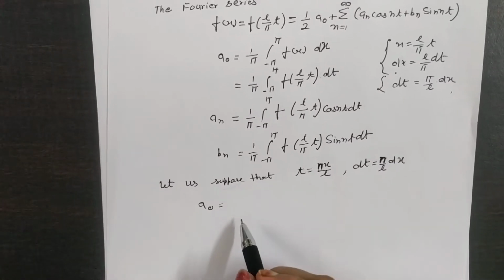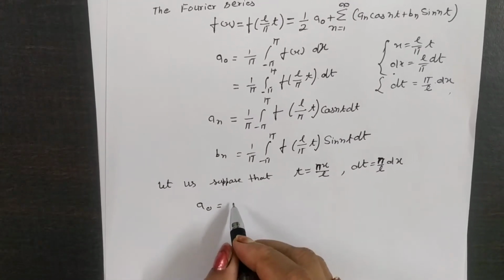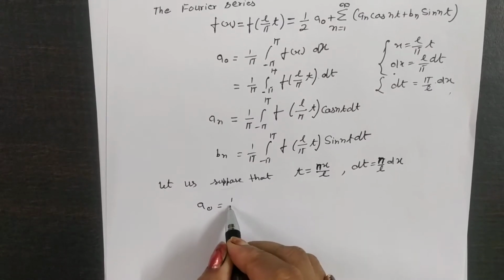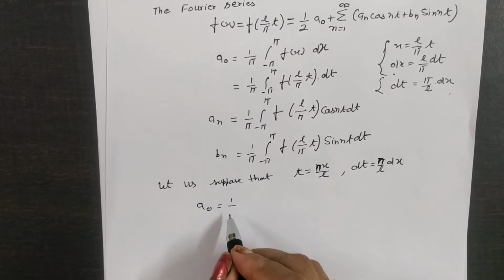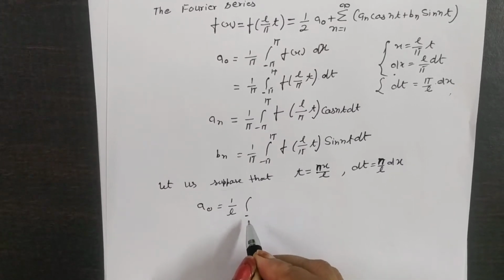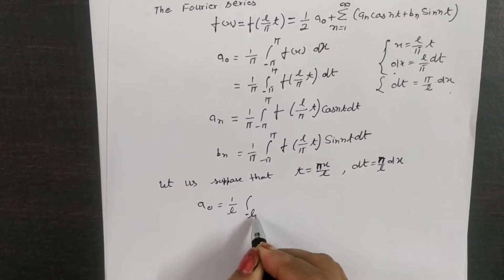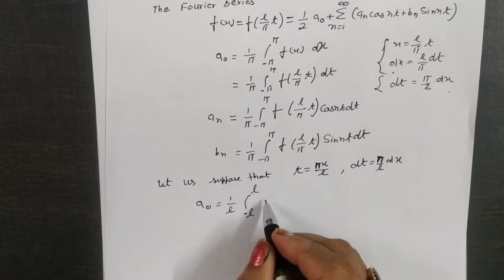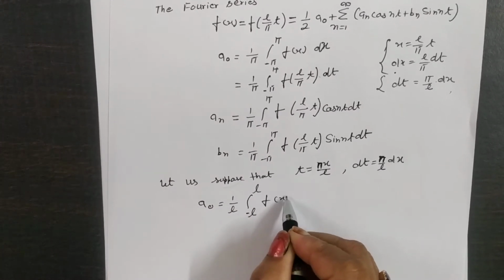So this can be written as 1 by L, minus L to L f of x dx.